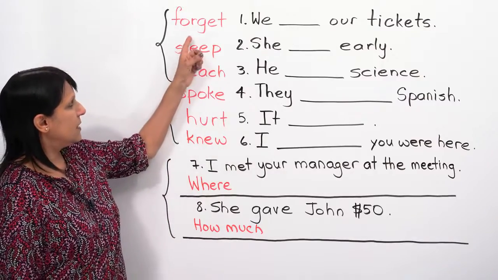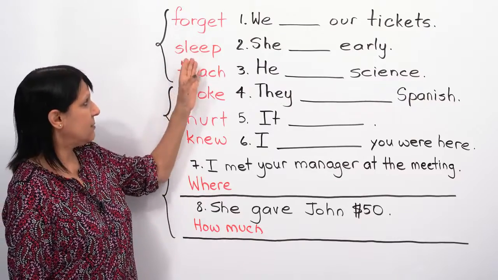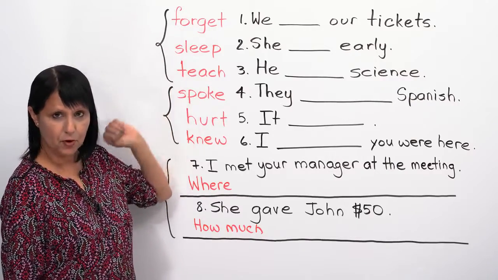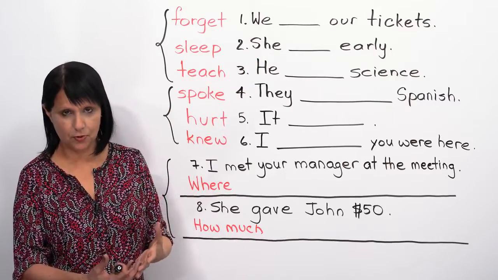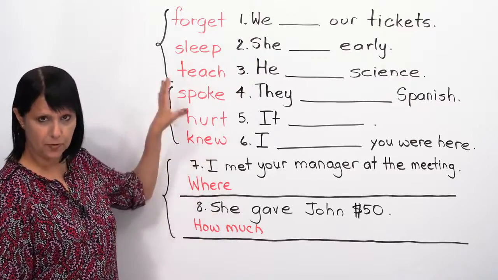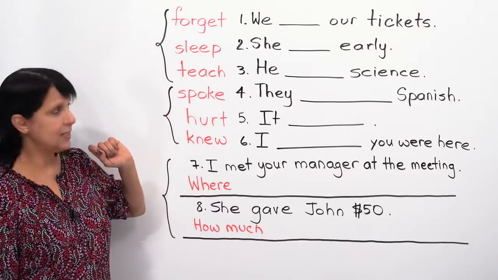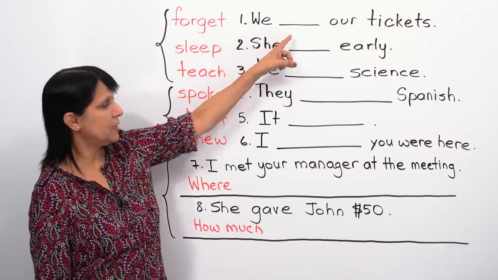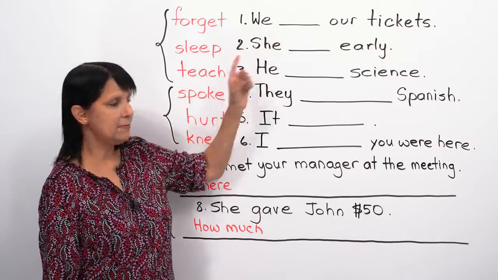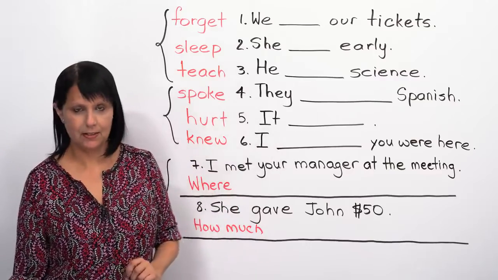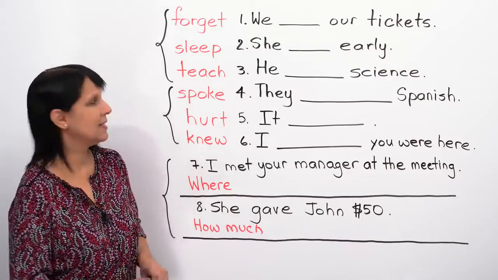So, first we're going to take 3 verbs in the present simple tense, their base form, and we're going to write them in the past tense form. And these are all irregular verbs. So let's take the verb forget, and if we want to put it into the past, what will it become? We something our tickets. We, do you know this word?